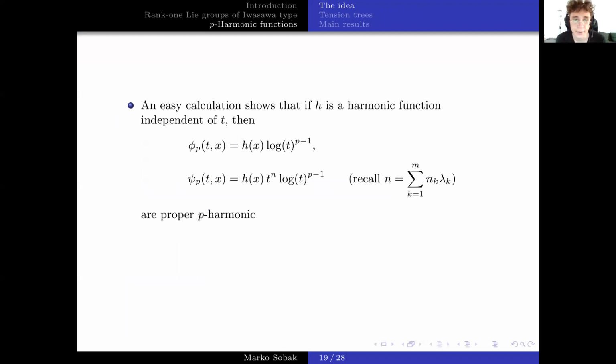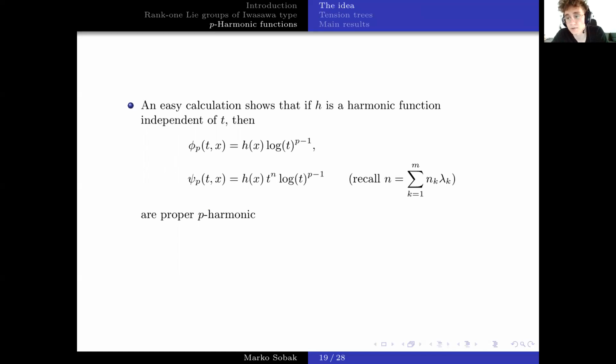Firstly, one can easily show that if one takes a harmonic function h which is independent of t, so which only depends on the x variables, and one defines these two functions, where I again recall that n is supposed to be the weighted dimension here, which depends also on the eigenvalues, then these two functions are proper p-harmonic.